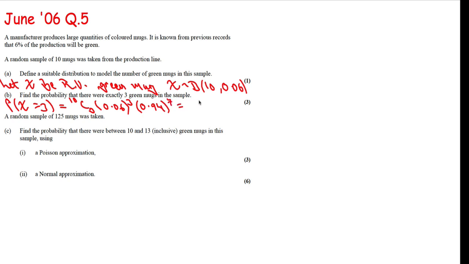When we plug that into our calculator, we get a value of 0.0168.